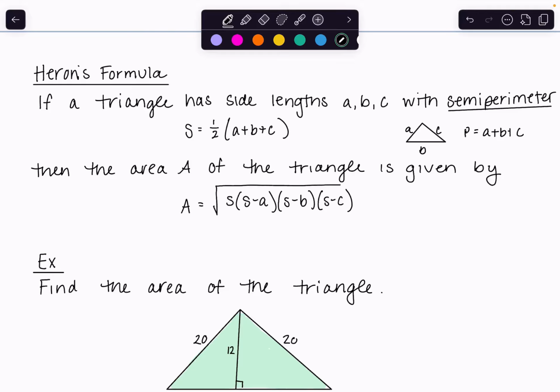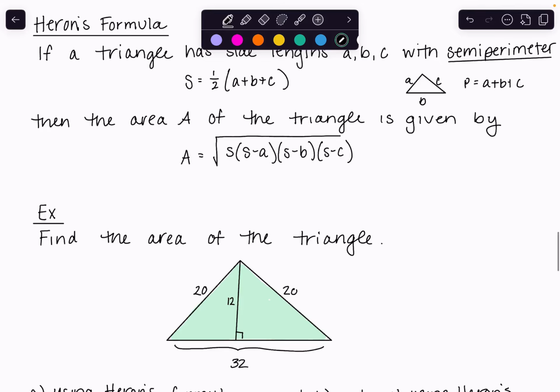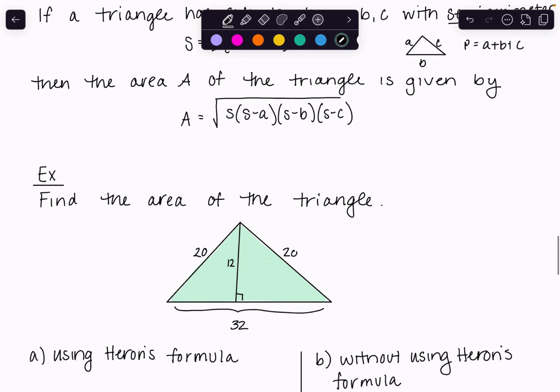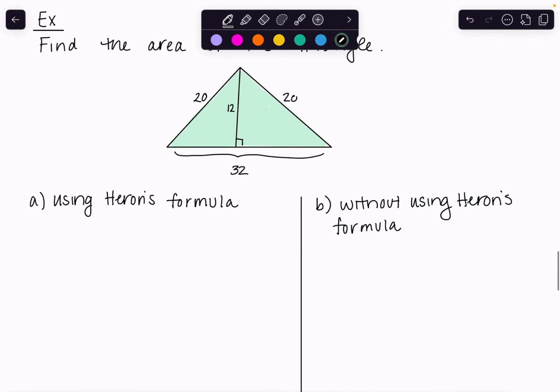I definitely do not have the time to go through the proof of this formula. That would take way too long. So instead, what I'm going to do is find the area of the triangle two ways. We're going to do it using this formula, and then we'll do it without, because we're going to know what the base and the height of this triangle are. So starting out to use Heron's formula, the first thing I need to do is find the semi-perimeter.